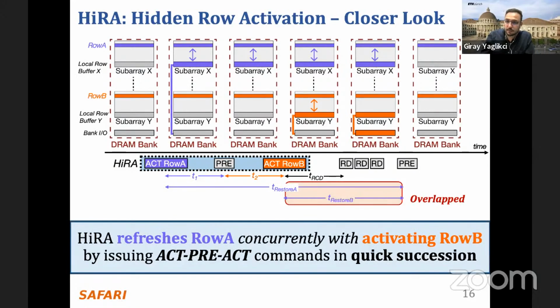By doing this operation, we hypothesize that HiRA refreshes row A concurrently with activating row B. To do so, it just issues an activate, precharge, activate command sequence in quick succession. So this is a hypothetical circuit that makes HiRA possible.